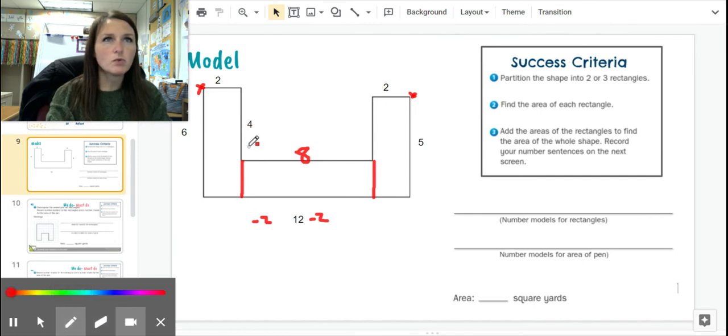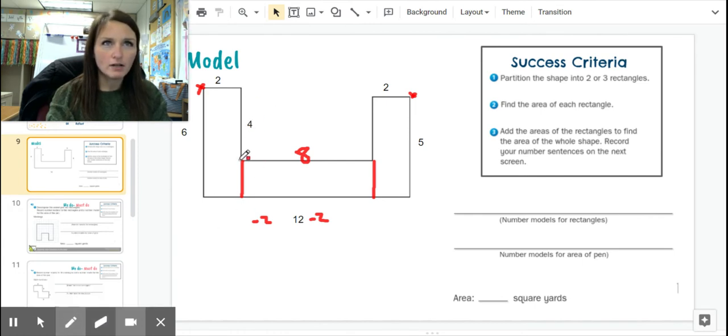If this was 4 here, and I had to think from here to here, that means this has to be 2, because 4 plus 2 equals 6. So that would be this. So this must be, since this is only 5 inches, and this is 6, this had to be a little bit less, 2. So this has to be 2 here as well. All right, so I'm going to multiply 2 times 8 for this rectangle.